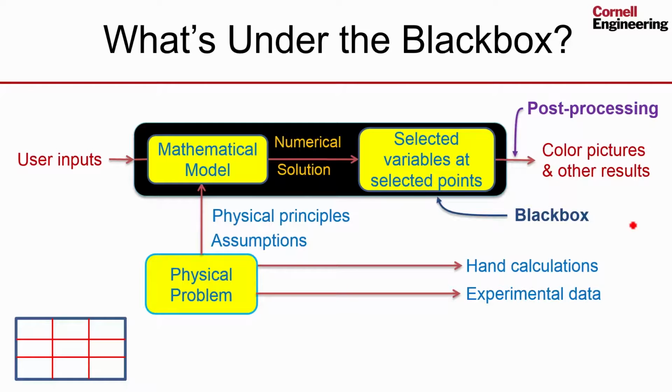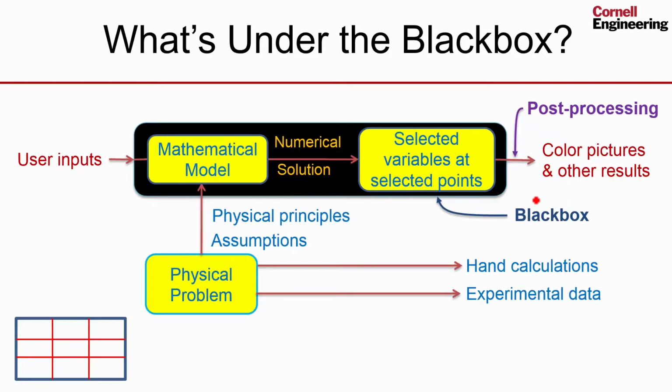One thing I wanted to mention is how the hand calculations relate to the mathematical model, because I've seen students considering the hand calcs to be completely different from the mathematical model that the Fluent solver is using. What we have done in the analytical solution is we have taken the same mathematical model and we have made additional assumptions in the fully developed region, and we derived an analytical result.